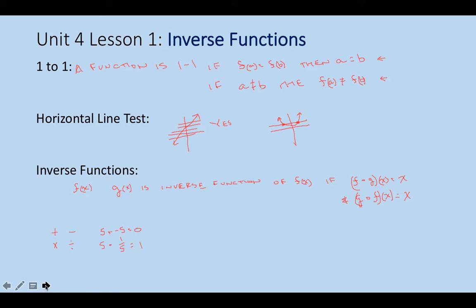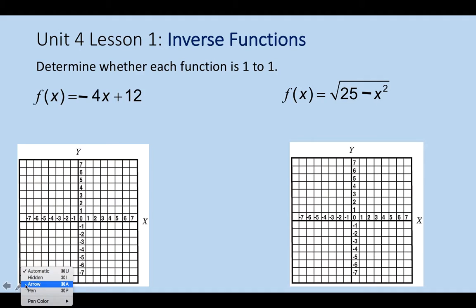All right, let's see some examples. We'll start with this one: determine whether each function is one-to-one. So with our function f of x equals negative 4x plus 12, we can do this algebraically. We can go ahead and take a look at f of a. f of a is going to be negative 4 times a plus 12.